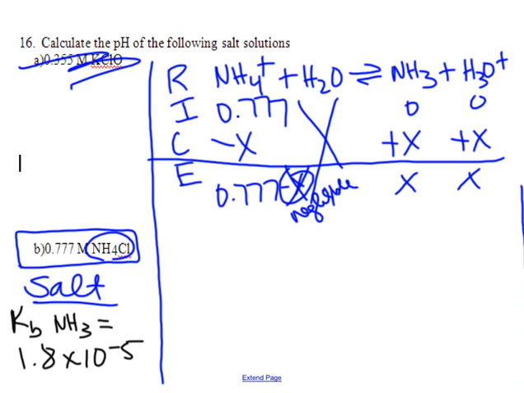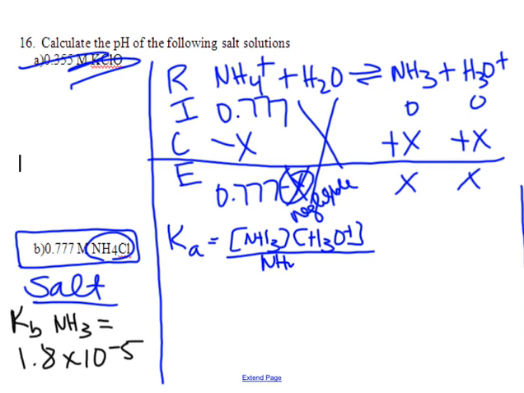x and x. Let's write our expression first. K what? Look at the equation. Ka is equal to NH3 times H3O plus divided by NH4 plus. But did they give us a Ka?